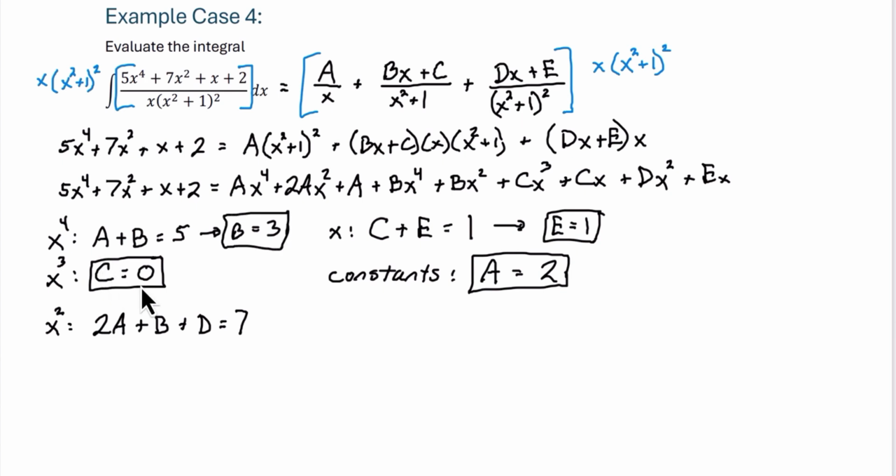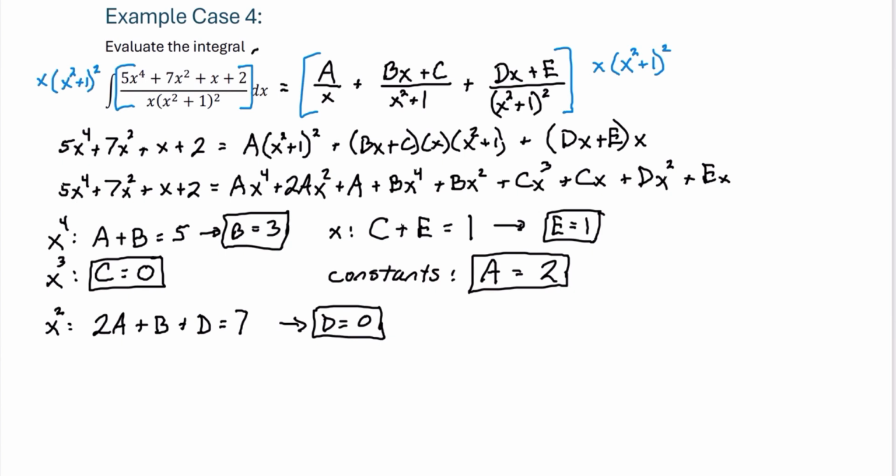And if we know everything else, we can now find d. A is 2, so we'll have 2 times 2 is 4, plus b is 3 is 7. Subtract 7 on both sides, d must be 0. Using all of this, we can now rewrite the original integral.